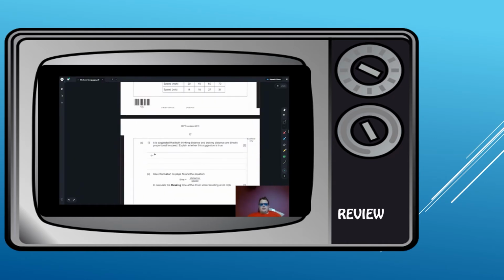So for thinking distance, true, as straight line through origin. However, for braking, not true, as the line is curved. And it's 1 mark for each of those sentences.